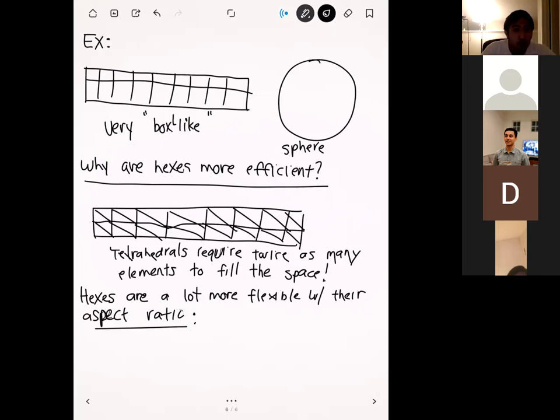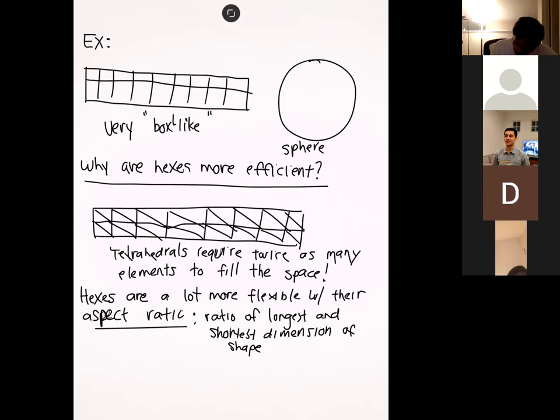Right. And so, what do I mean by aspect ratio? Aspect ratio is the ratio between the longest and the shortest dimension of a shape. Let me give you some examples.